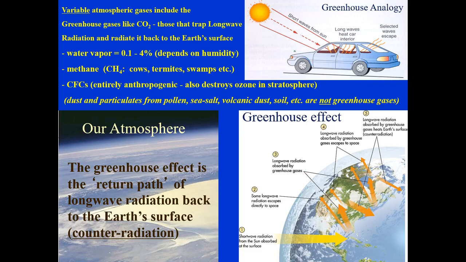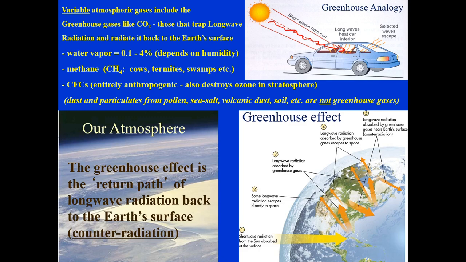Now, I'm sure you know, during the summer you actually get a greenhouse effect in your car. Light comes into your car. You're sitting out in the parking lot at the mall, you come out after a couple hours of shopping, you get in your car and it feels like an oven. It's hotter than outside.